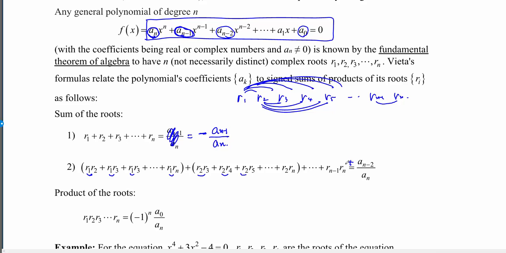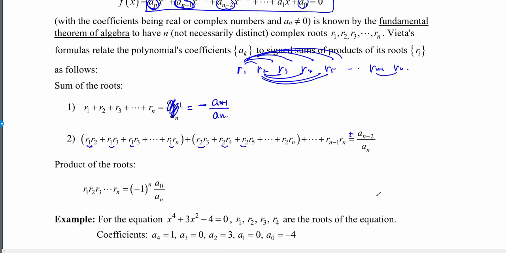Change the sign alternately, okay? Okay. Now the third one, now three roots product, okay? Three roots product, the next one is what, r1 r2 r3, r1 r2 r4, a lot. This is the next one, a(n-3) over a(n), by this time minus. Okay? Do you follow me?